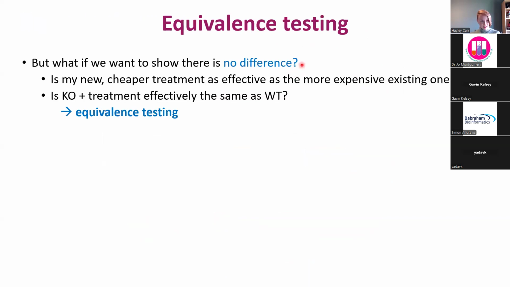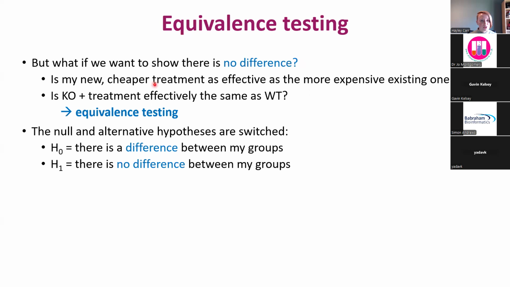So, equivalence testing. Why would we want to do this in the first place? It's when we want to show that there is no difference. Often this is in pharmacokinetic studies and things like that, where we want to show that a new treatment is as effective as an existing treatment.